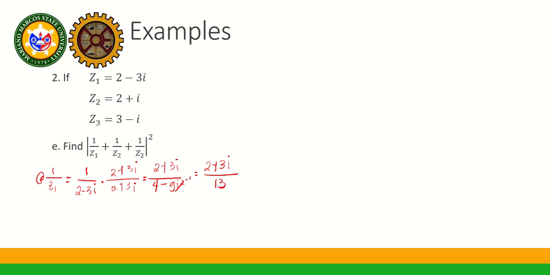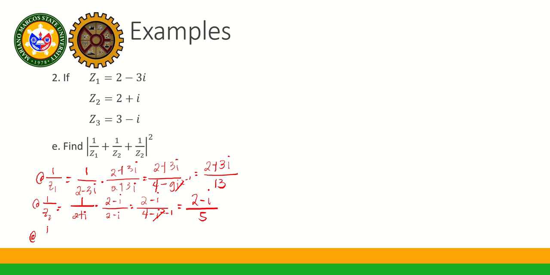Okay? And then, at 1 over z sub 2, this is 1 over 2 plus i times 2 minus i over 2 minus i. This is 2 minus i over 4 minus i squared. And i squared is equal to negative 1. So, our answer will be 2 minus i over 4 plus 1, that is 5.